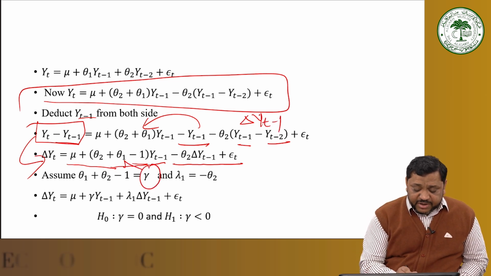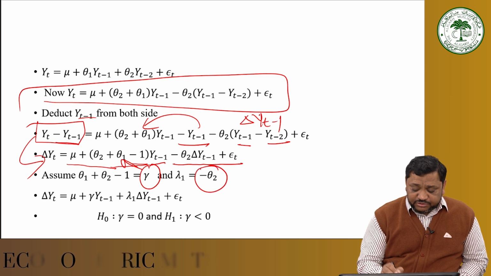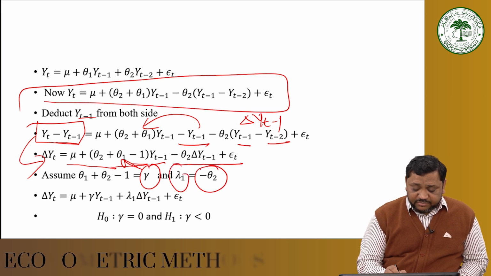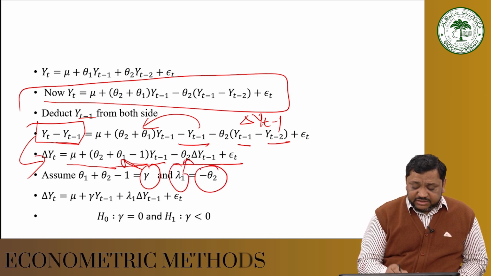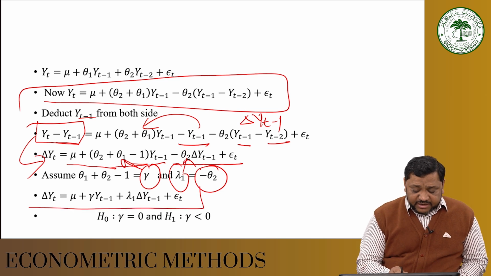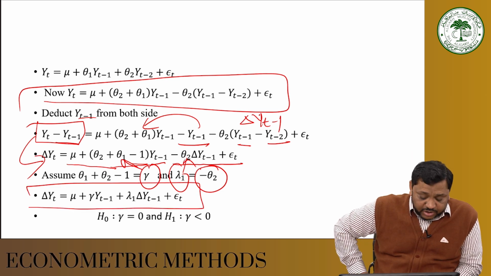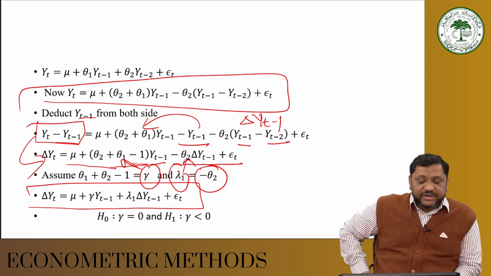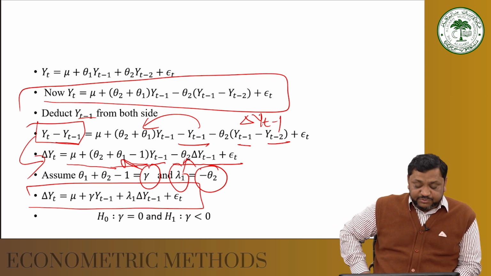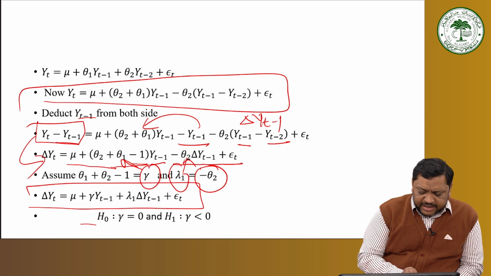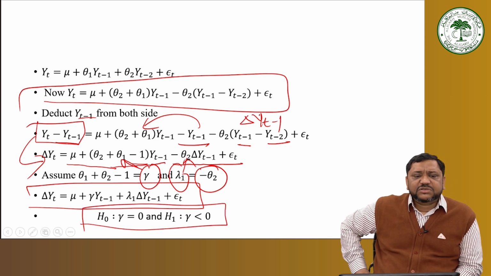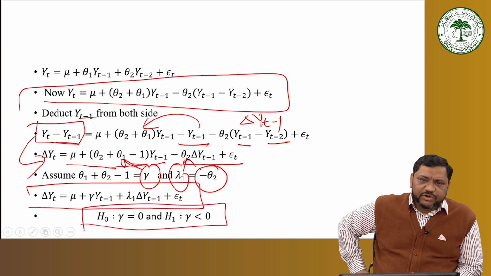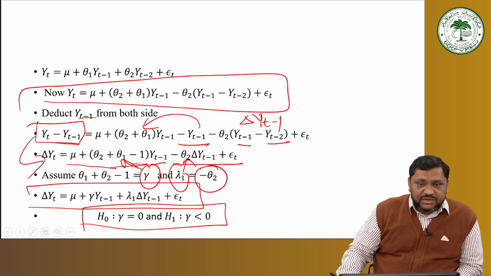We say gamma is this term and lambda 1 is this term. So now we can write delta yt is equal to mu plus gamma yt minus 1 plus gamma 1 delta yt minus 1 plus epsilon t. Again the null and alternate hypotheses: H naught gamma is equal to 0, H1 gamma is less than 0.